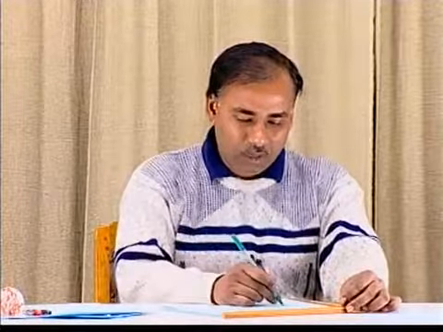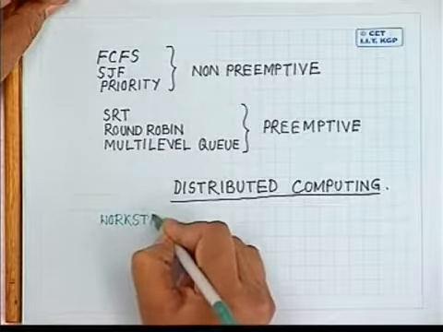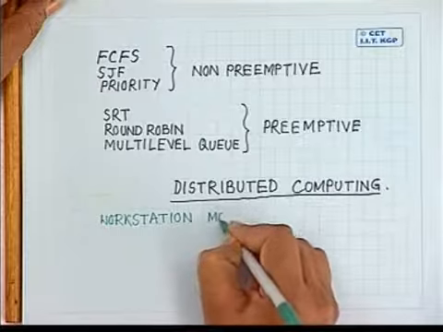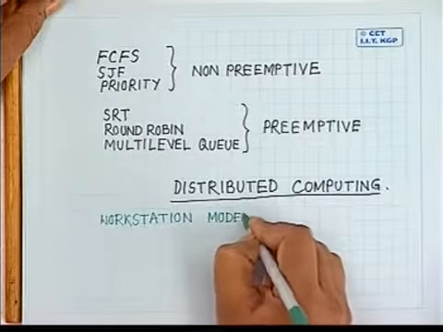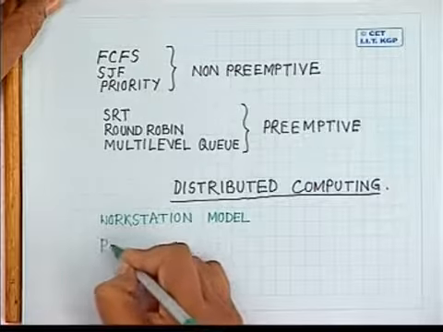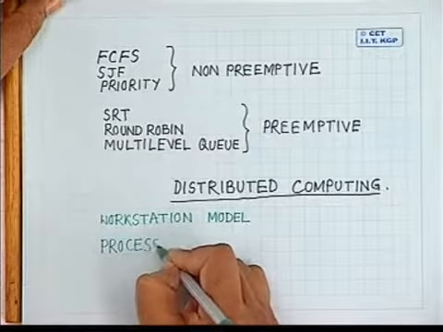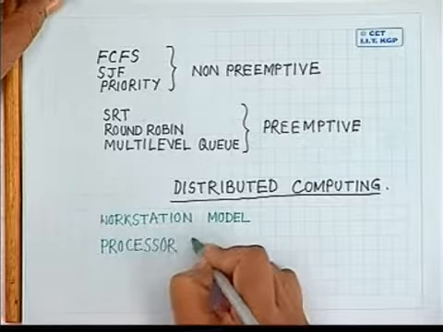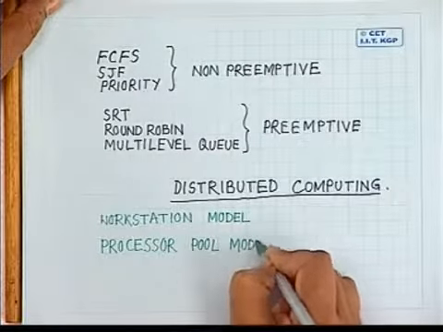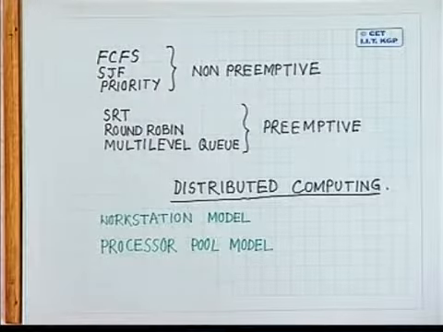One is called a workstation model, and the second model is called a processor pool model. Now, what is the workstation model?